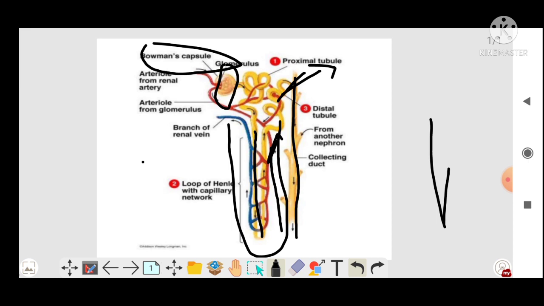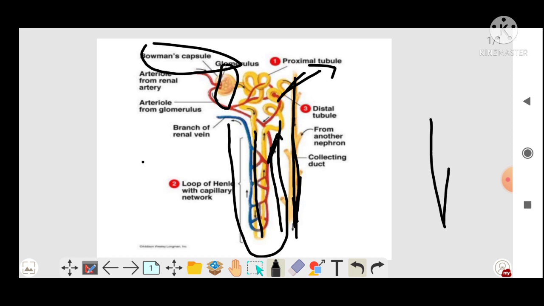Through the renal artery, nitrogenous waste like ammonia, urea, and uric acid comes into the glomerulus, and then it enters into the tubules, that is the proximal convoluted tubule, then the loop of Henle, and then the distal convoluted tubule, and then it passes through the collecting duct.